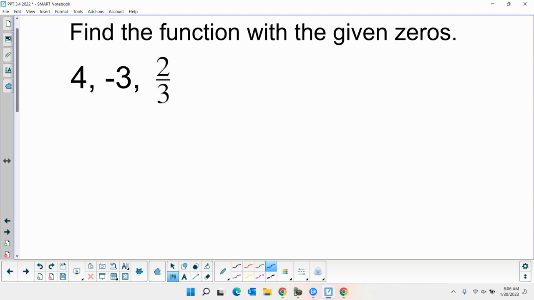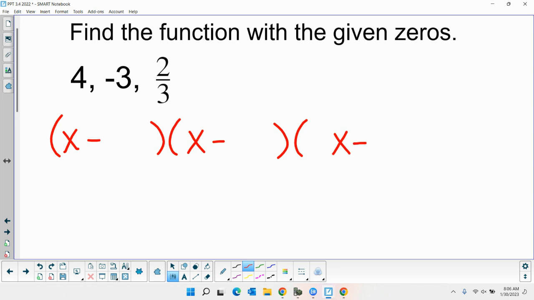So when you do these, you always start out with x minus. Since there's 3 of them, I want to have 3 x minuses. So always start x minus. And then you just put this number here, x minus 4. Well, what's x minus a negative 3? Plus. So that ends up being x plus 3.